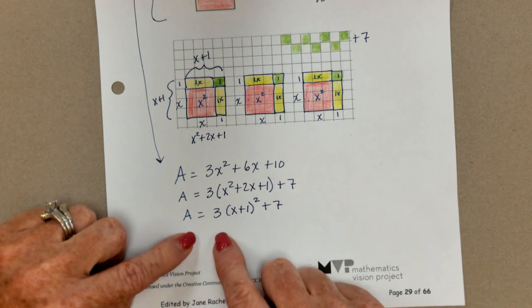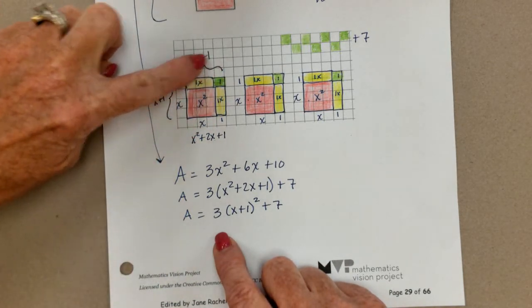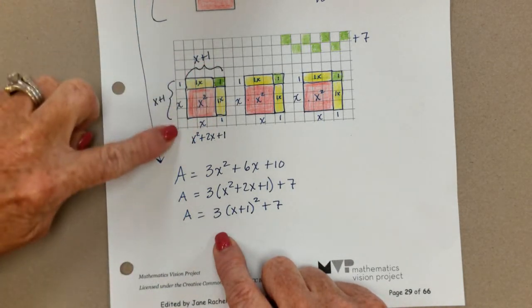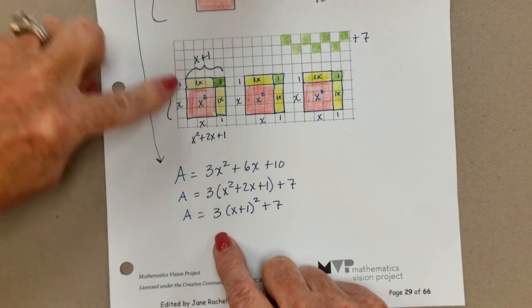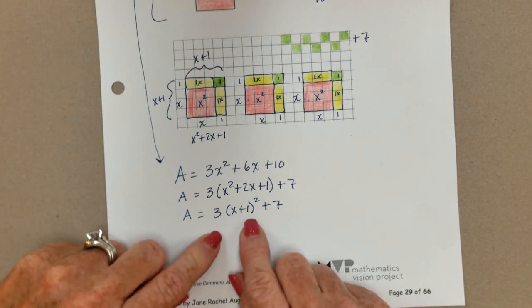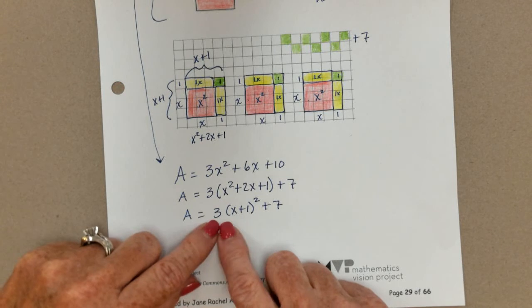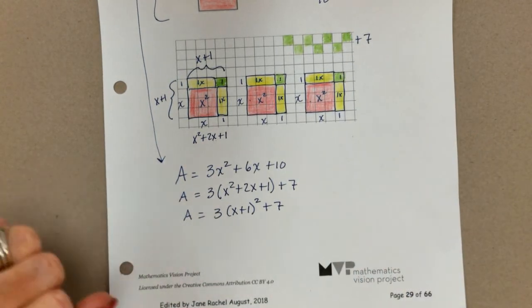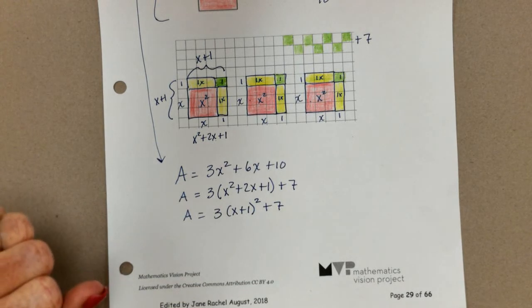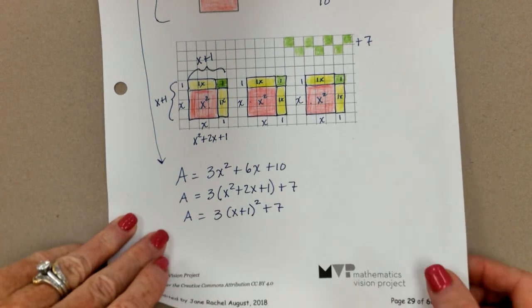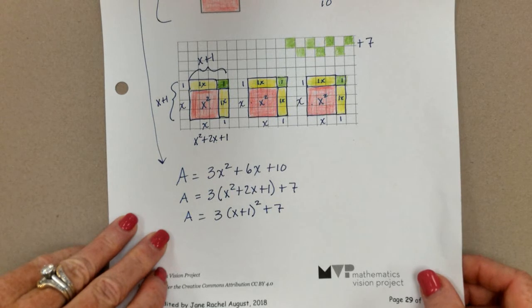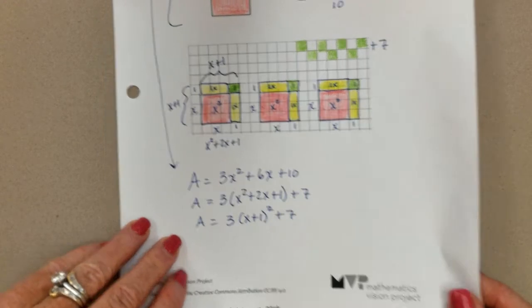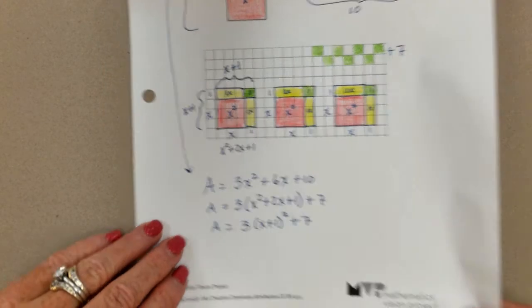And then the last way is to look at this as length times width. X plus 1 times x plus 1, which is x plus 1 squared. That's one of them. We got 3 of them, though. And then our extras, 7 over here. And there's your 3 ways of expressing the area. All right. If I go too fast, please feel free to pause the video, rewind it, look back again.